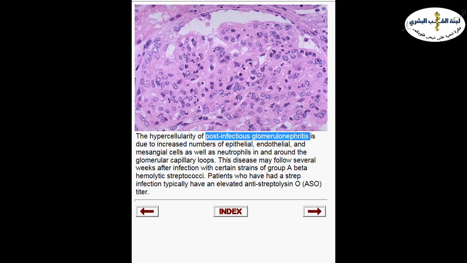If you dig into the history, he will tell you, yes, in the past month I had an upper respiratory infection, and I took a course of antibiotic, and it was resolved and everything was fine. Until today, I have hematuria and hypertension. So it's called post-infectious because it's not caused directly by the streptococcus infection.